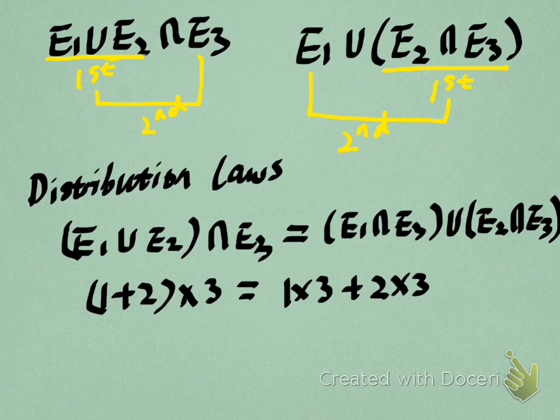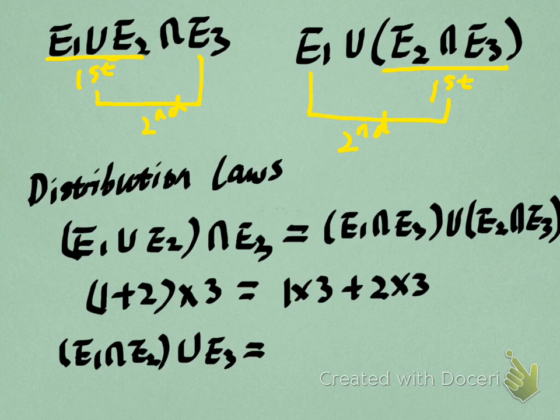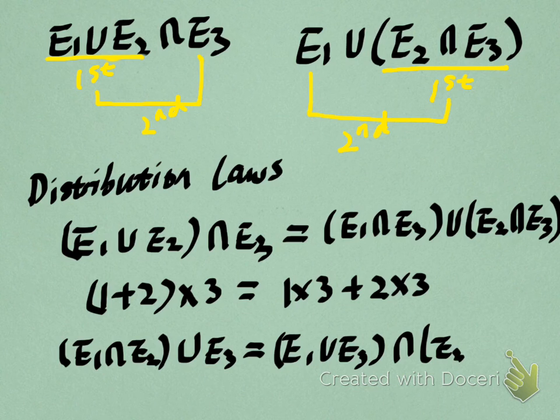And similarly, if in the parentheses we have E1 intersection E2 and outside we have the union, then we can also have this distribution. So now we will have E1 union E3, and then intersection E2 union E3. Okay, so this is about our distribution law.